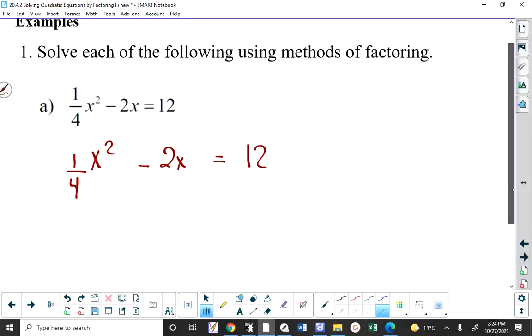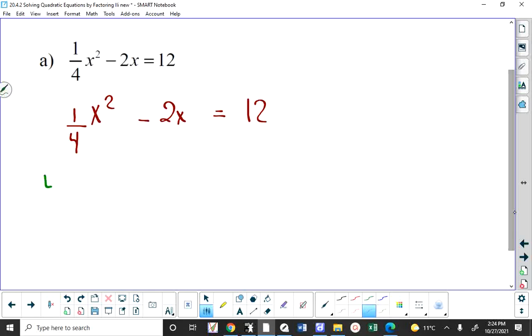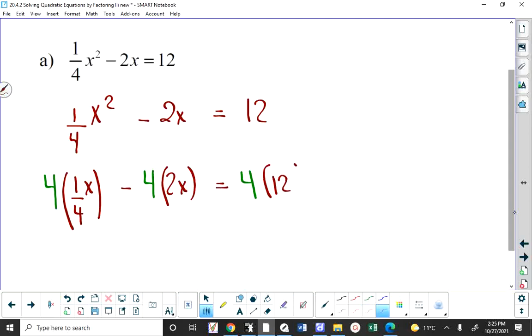So what I'm going to actually be doing is taking 4 times 1/4 x squared and subtracting 4 times 2x and setting it equal to 4 times 12. So I'm multiplying the quadratic term, the linear term, and the constant term all by 4.